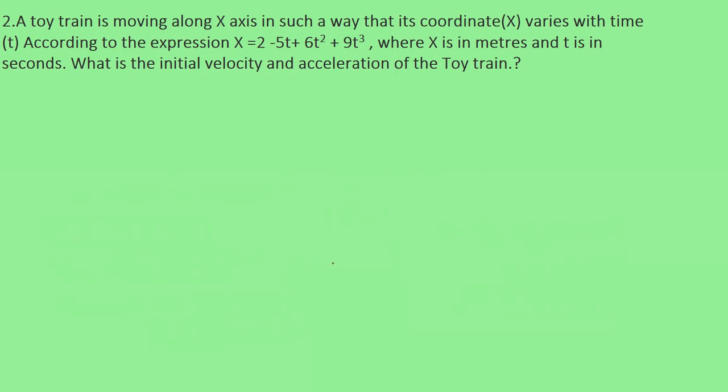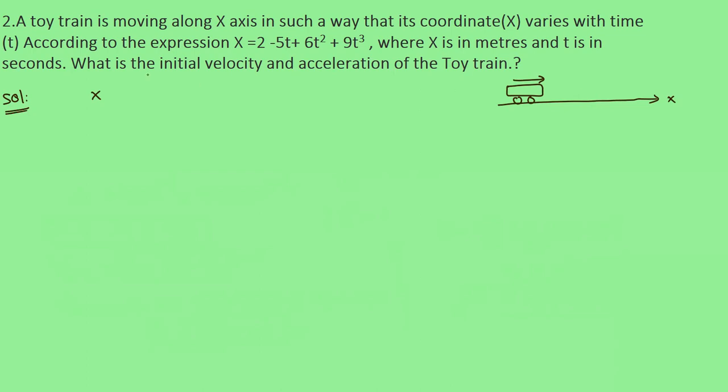So it is very interesting, right? Whatever we have been given, let us find what we get. The train is moving along the x direction, means you can imagine it is happening in one dimension.